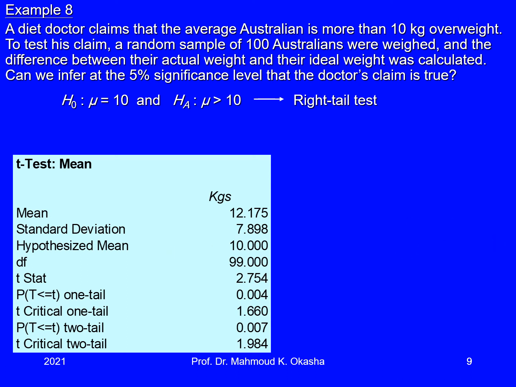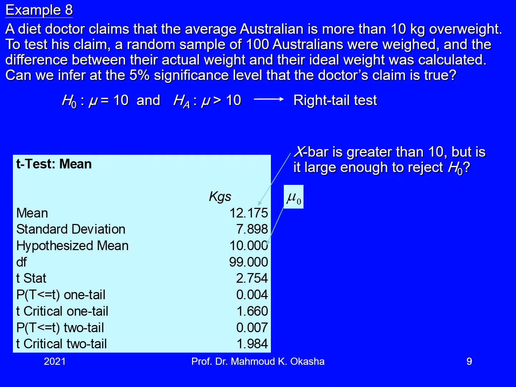So what can we conclude from this result? X bar is greater than 10, but is X bar large enough to reject H naught? That's what we want to conclude.